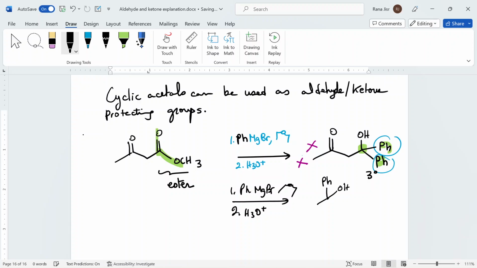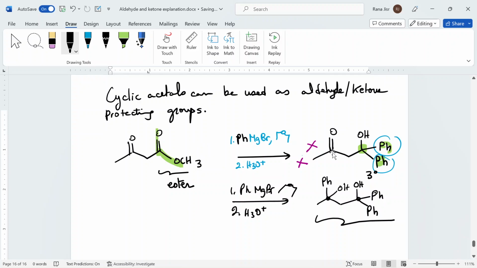So you're going to have a tertiary alcohol on that ketone, and a tertiary alcohol from the excess on the ester carbonyl. So you're going to end up getting a completely different product than what you need.